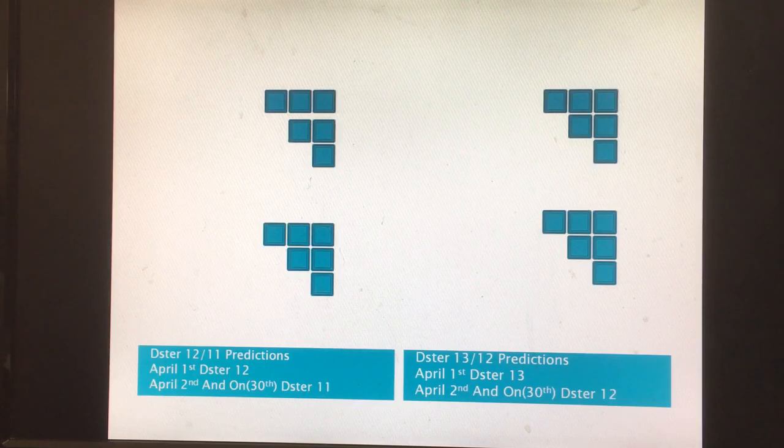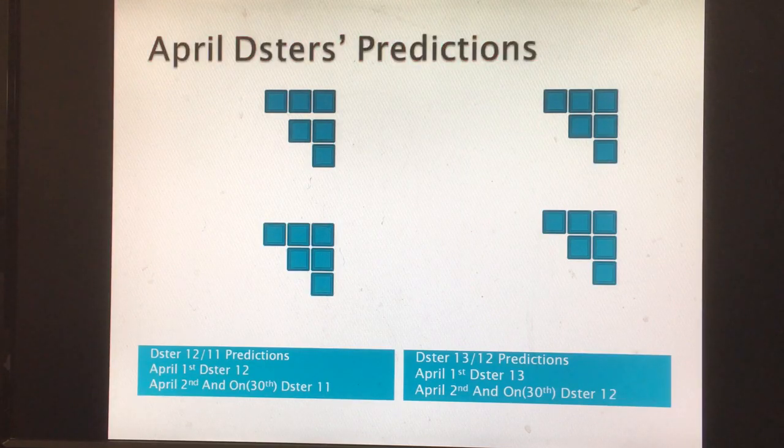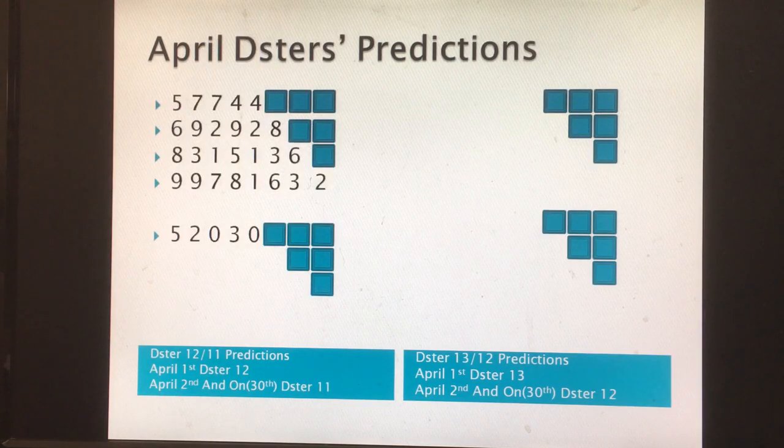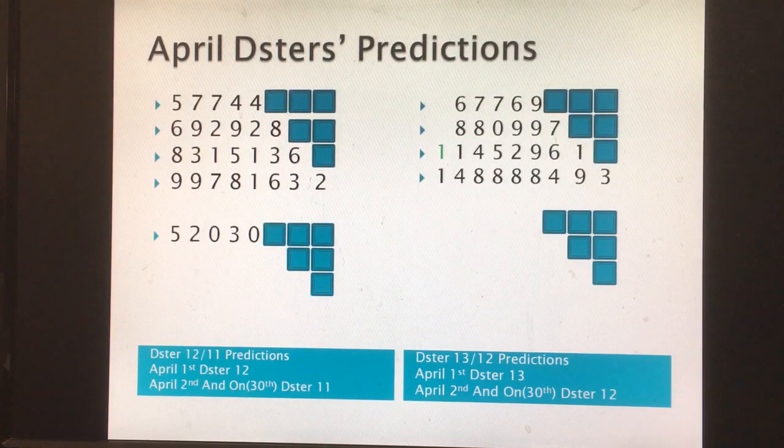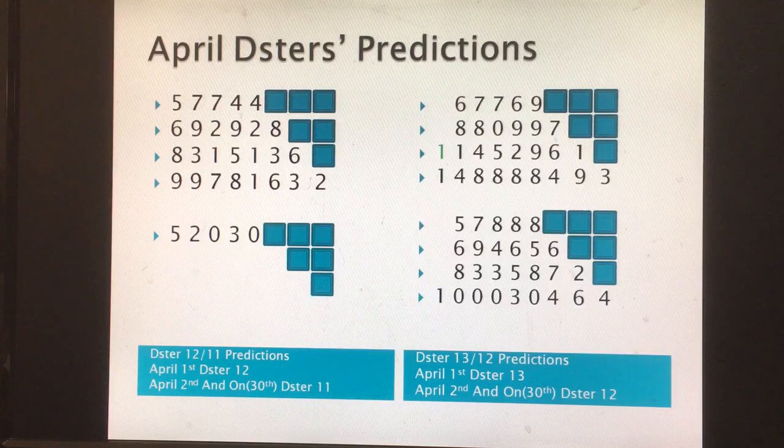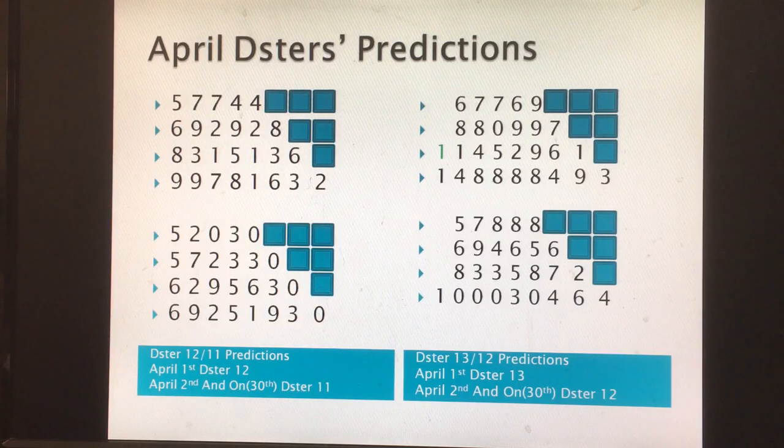Now, I'll also announce the April D-star prediction for Mega Millions and Powerball. Same thing, the left side is for pick 3 and pick 4, and the right side is for Mega Millions or Powerball. Take time and copy the D-star prediction.